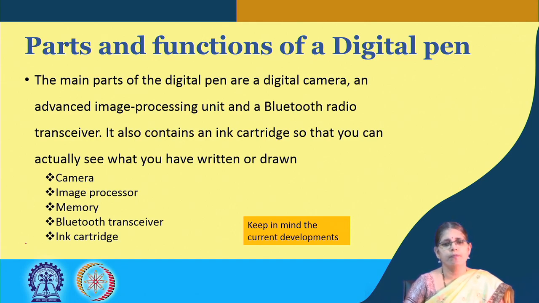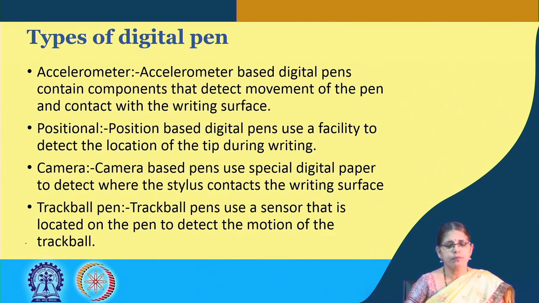So, essentially there is a camera, there is an image processor, there is a memory unit, there is a transceiver and then there is an ink cartridge. Today the digital pen area represents innovations beyond, and so it is important to keep in mind the current developments in relation to digital pen.